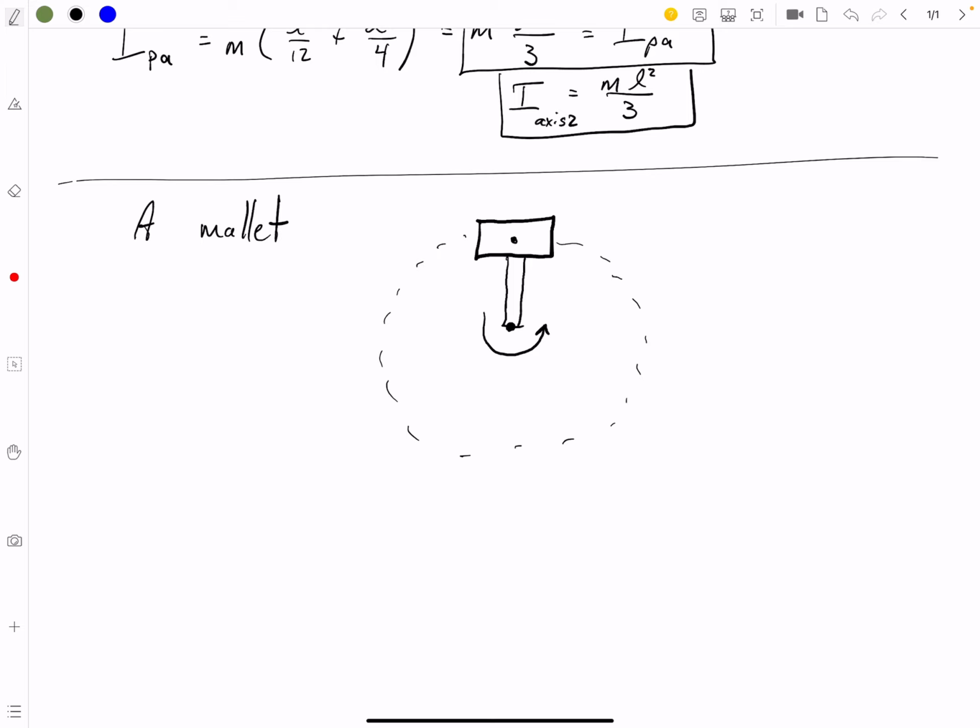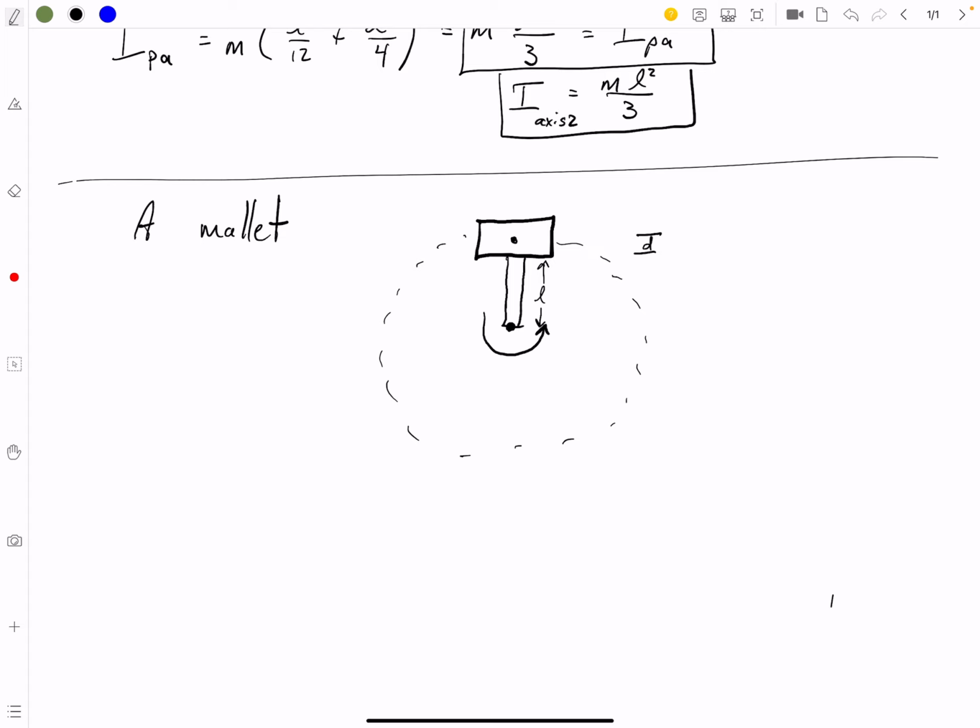All right. And we could say that there's some distance d between the center of mass and the bottom of the head of the mallet. And then there's also some L, which is the length of the rod holding the mallet.